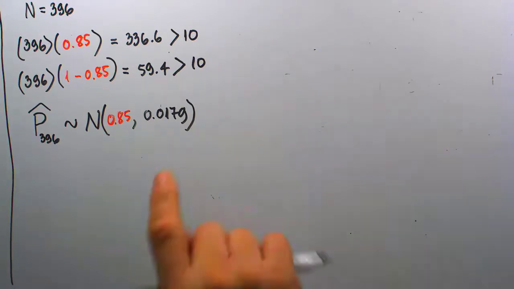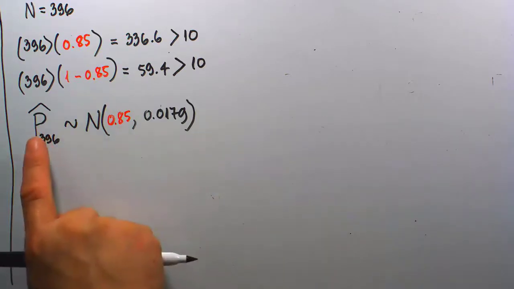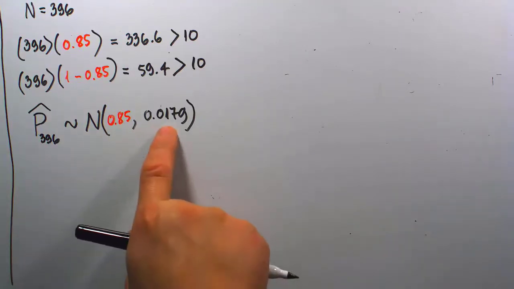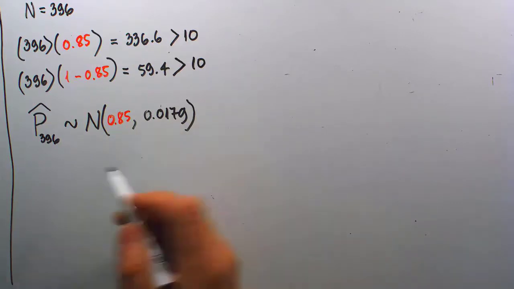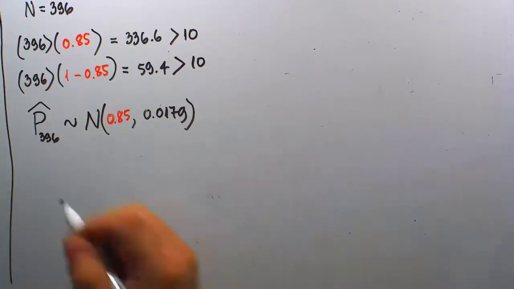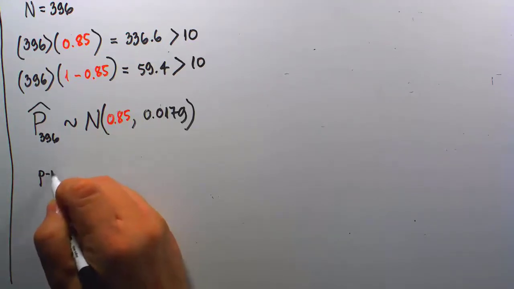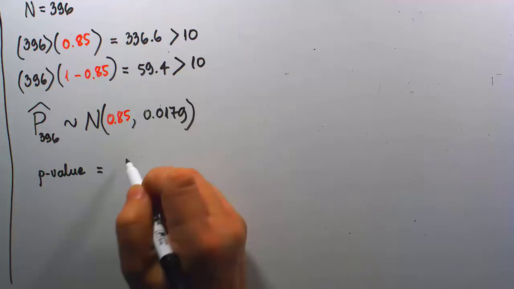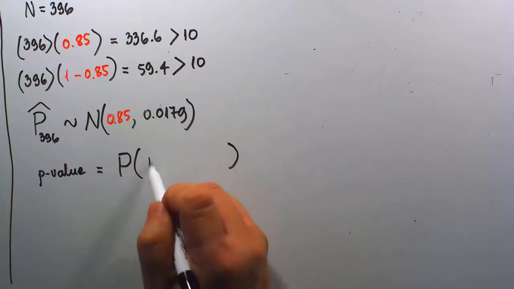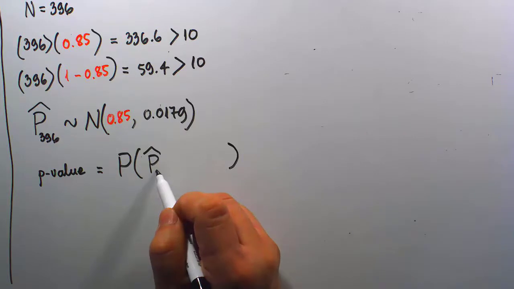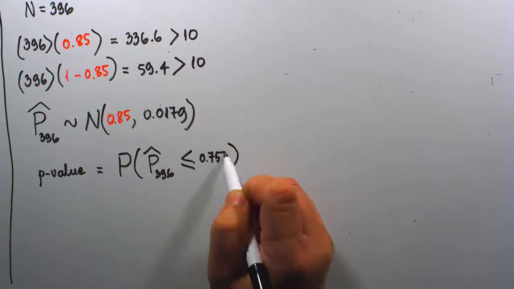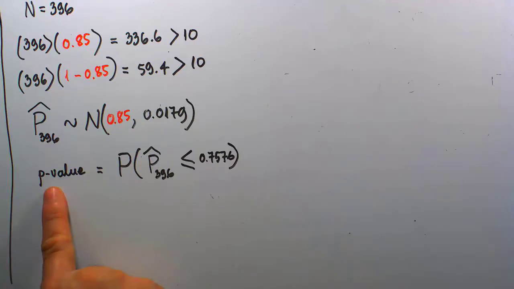And so, knowing that all of our sample proportions can be distributed on a normal distribution bell curve centering at 0.85 and 0.0179 for standard deviation, then recall from the earlier part of our video, when I was showing only the steps, when it came down to calculating the p-value, up to this point I still have not explained why I was setting up the p-value calculation as the probability where we're looking for capital P hat 396 being less than or equal to 0.7576.